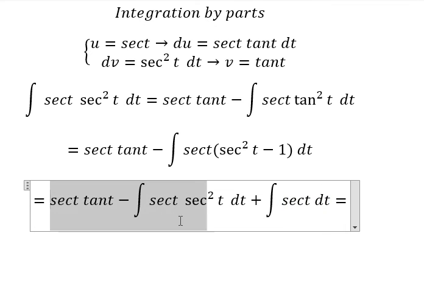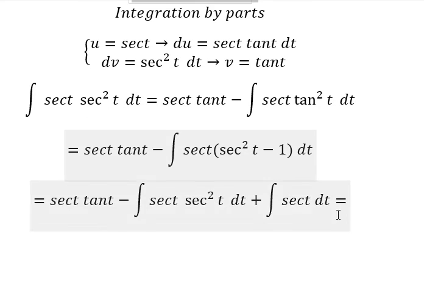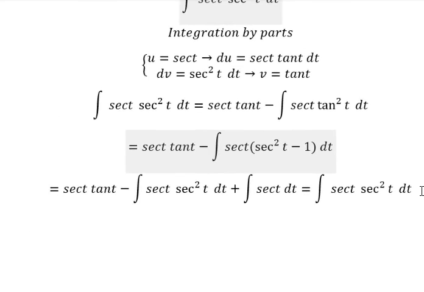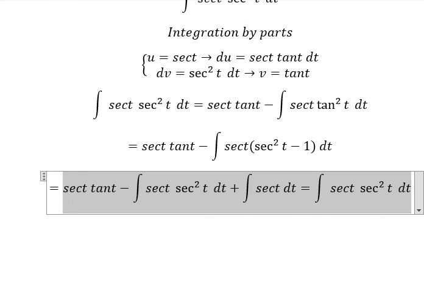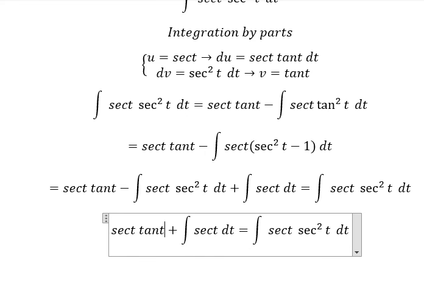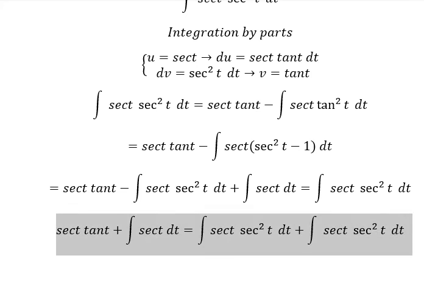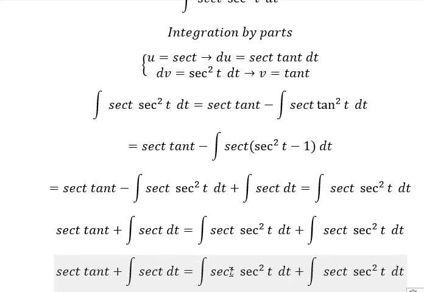And we know that this one equals to this one. So I will put this one to the right. And we have positive in here. So this one plus this one, we have number 2.